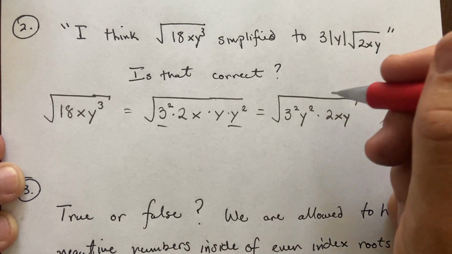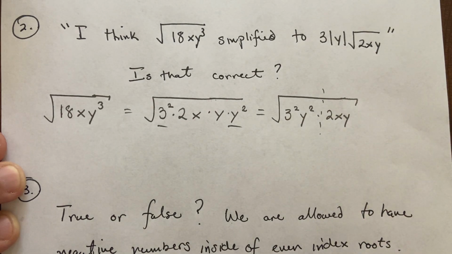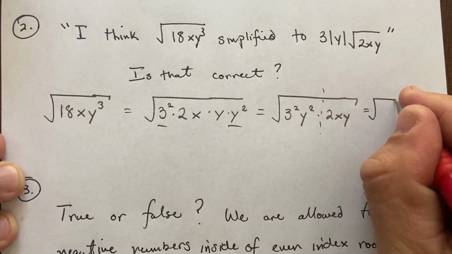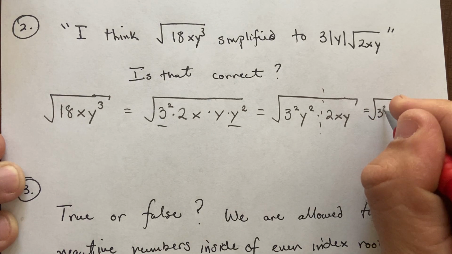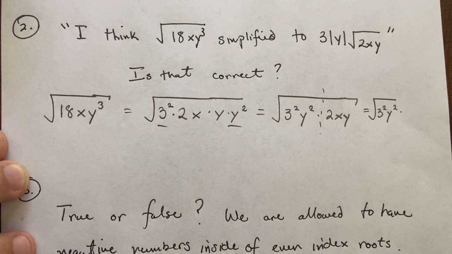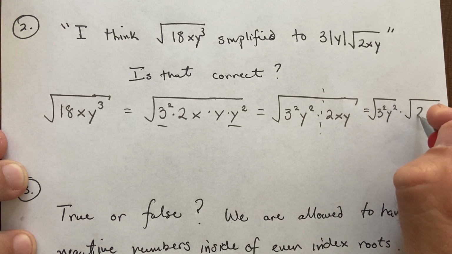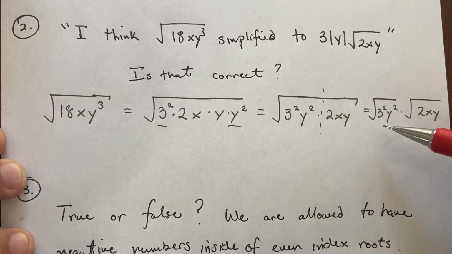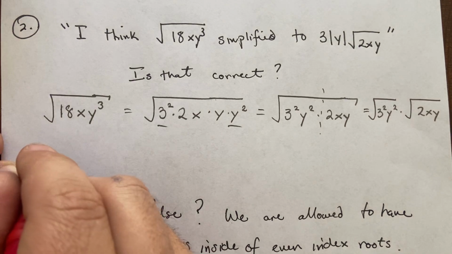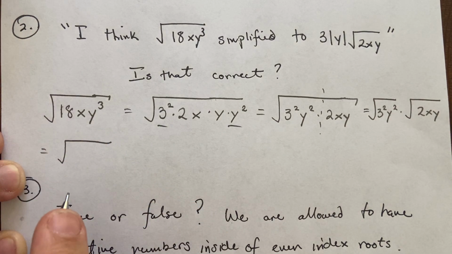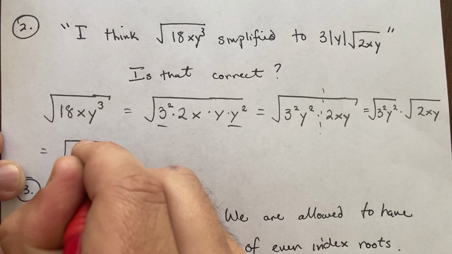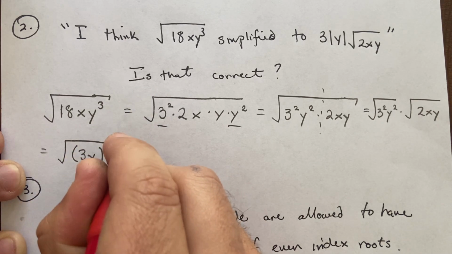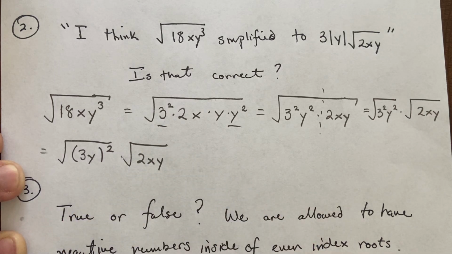And now using the product rule, I can split this up right there. So I can say the square root of 3 squared y squared times the square root of 2xy. If I have the square root of 3 squared y squared, I can essentially take the power out of both of these. So we can say the square root of 3y all squared times the square root of 2xy.